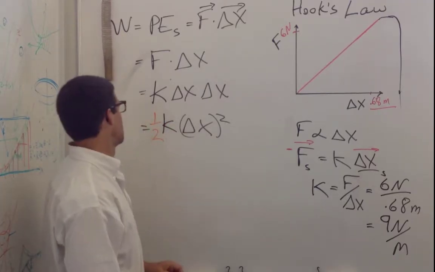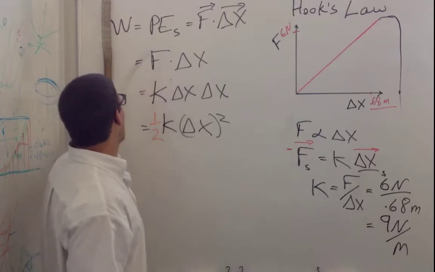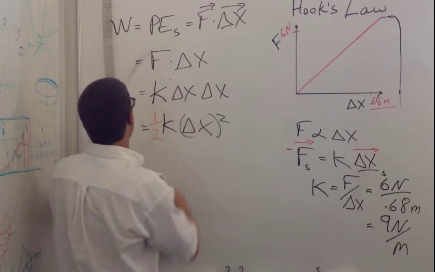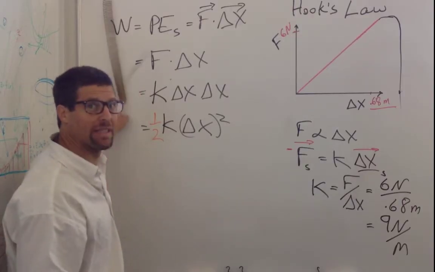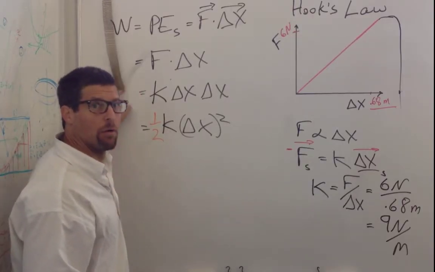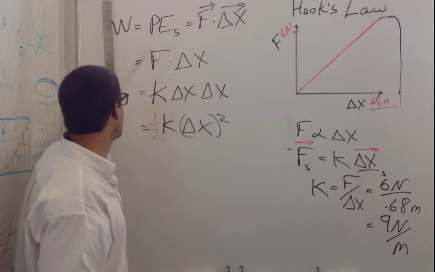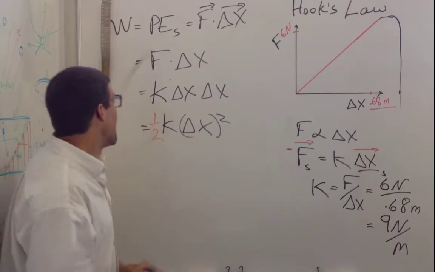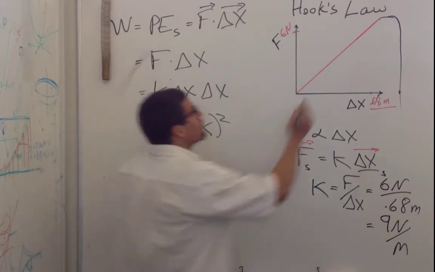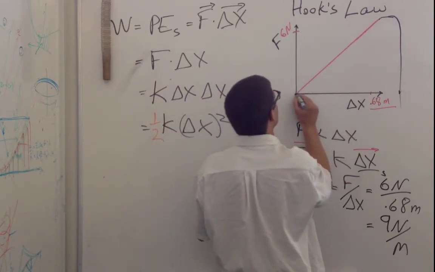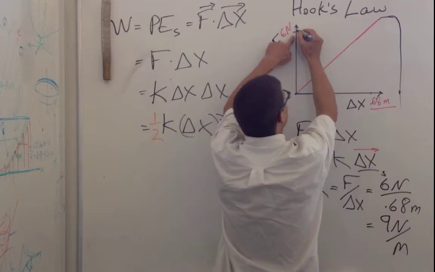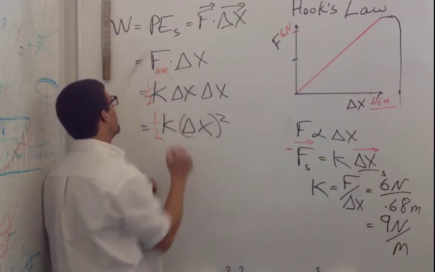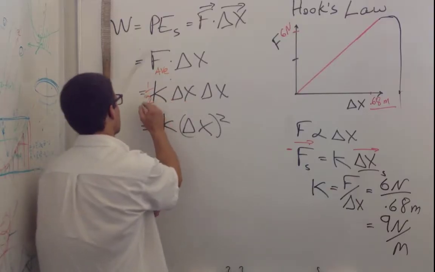Why is that? Because the force wasn't equal to kx the whole time I was pulling down. The force in the beginning was 0, so this work was very little compared to this work down here. And so what we can say is, sure, the force in the beginning was 0, the force at the end was kx. The average force is going to be 1/2 kx.